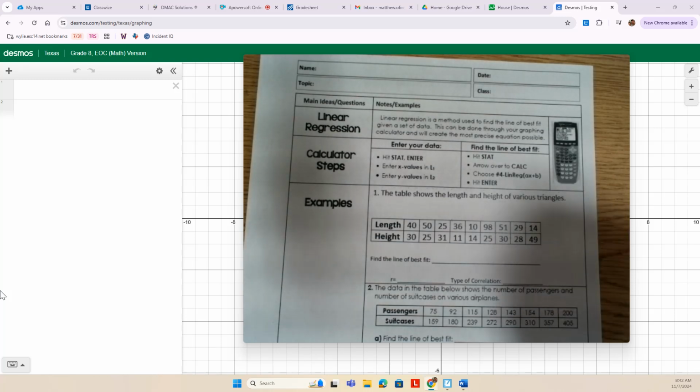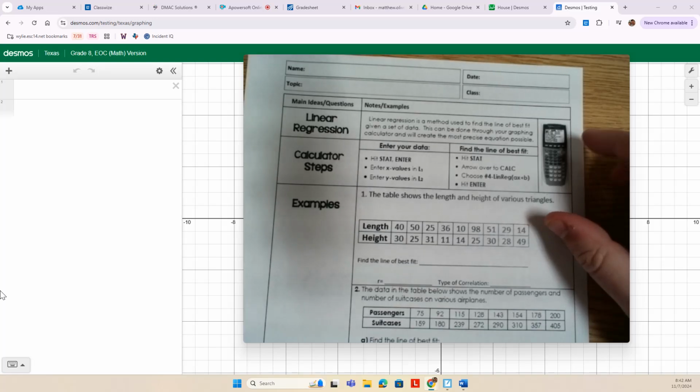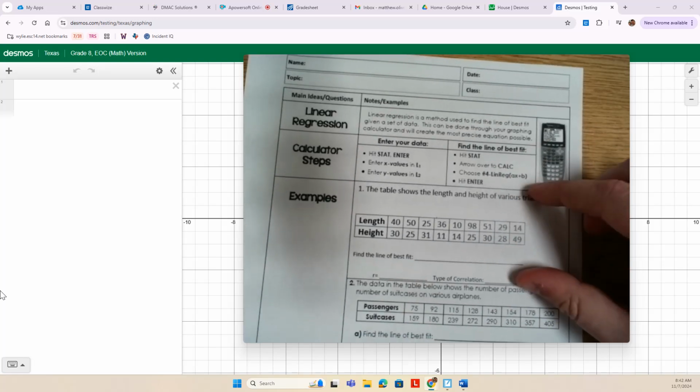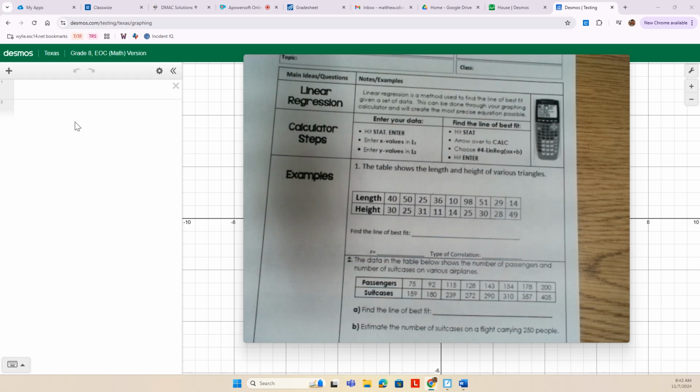So looking at it, this is a way to use a line of best fit to figure out some information about our graph here. What I'm going to do in Desmos is put in a table, and I'm going to type those length values all into the x values.